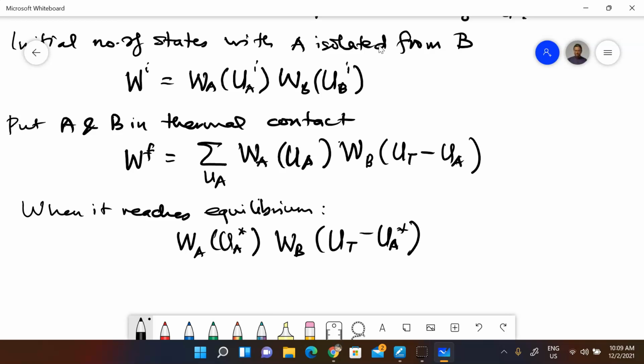This is when it is in equilibrium. This must be the biggest, remember? So this has to be much bigger than WI, where WI is that.